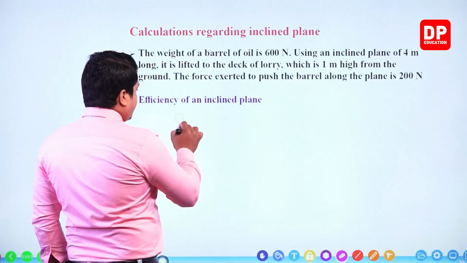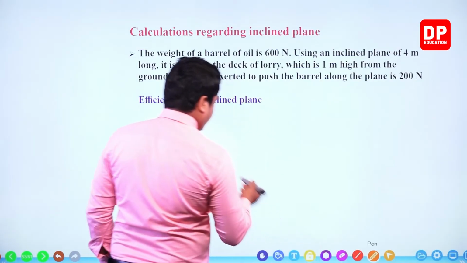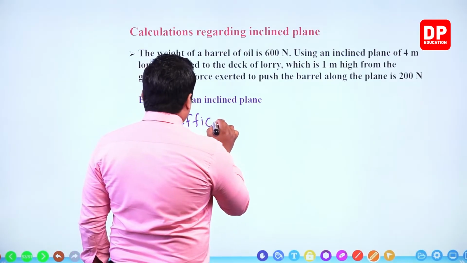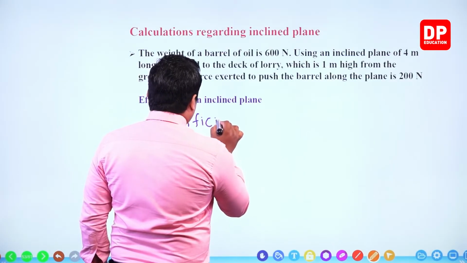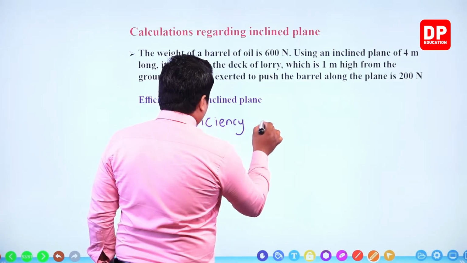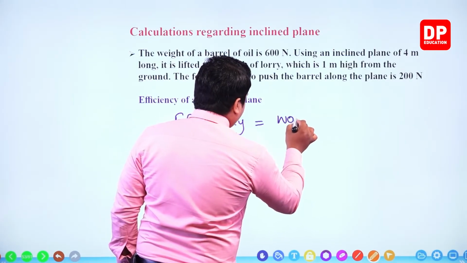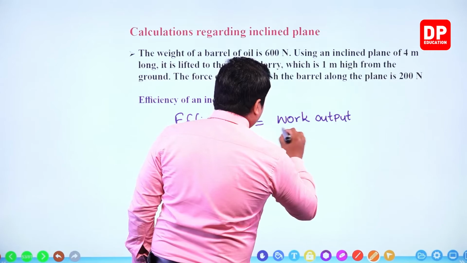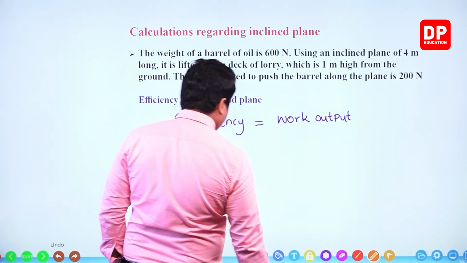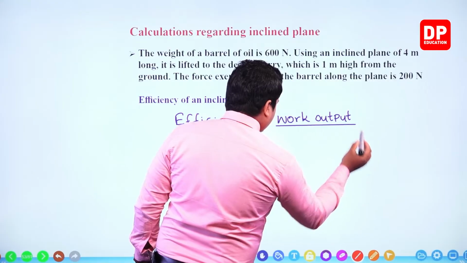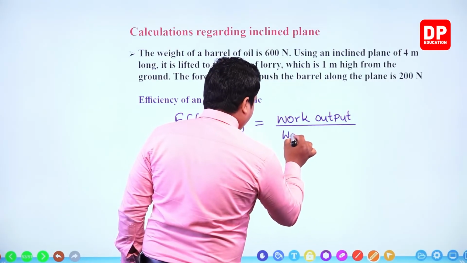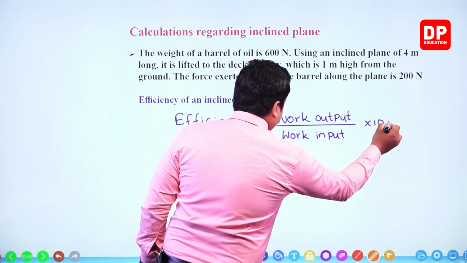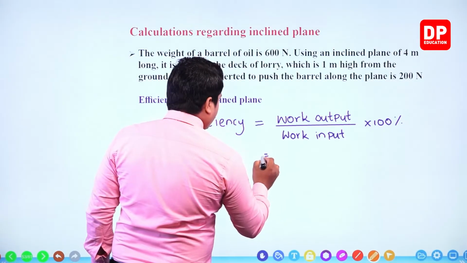Efficiency is equal to work output over work input multiplied by 100%.